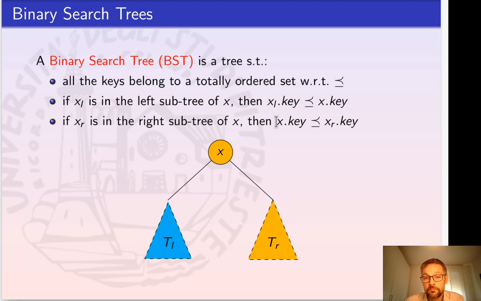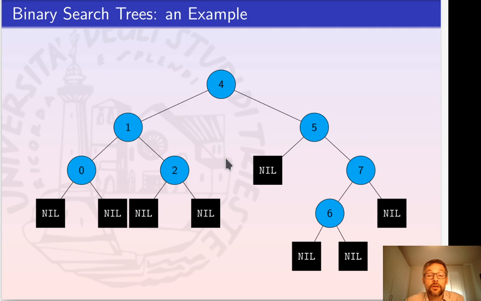Okay, so this is the BST property, and this property holds not only for the root of the BST but for all the nodes in the BST. This is quite important. Okay, so just to have an example, this is a BST.